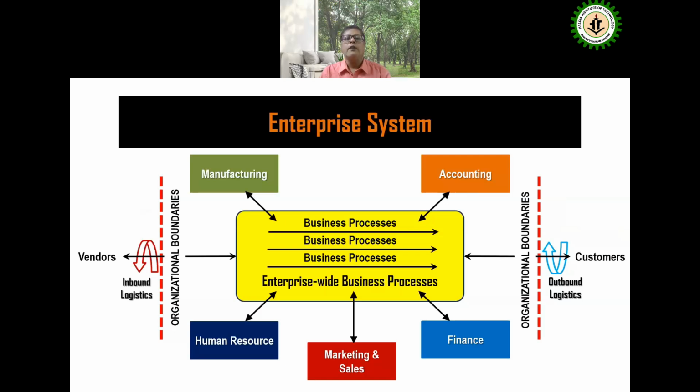So this is the basic features of ERP. It is a versatile software.